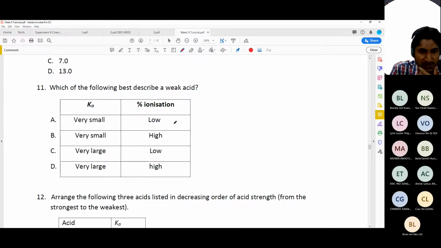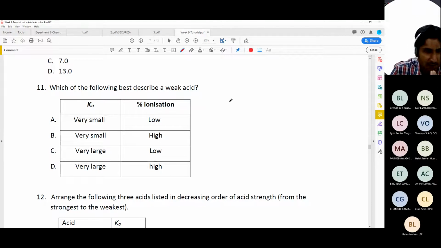And when it does not ionize or dissociate fully, the K value also does not increase, because the K depends on the multiplication of positive ion times negative ion.